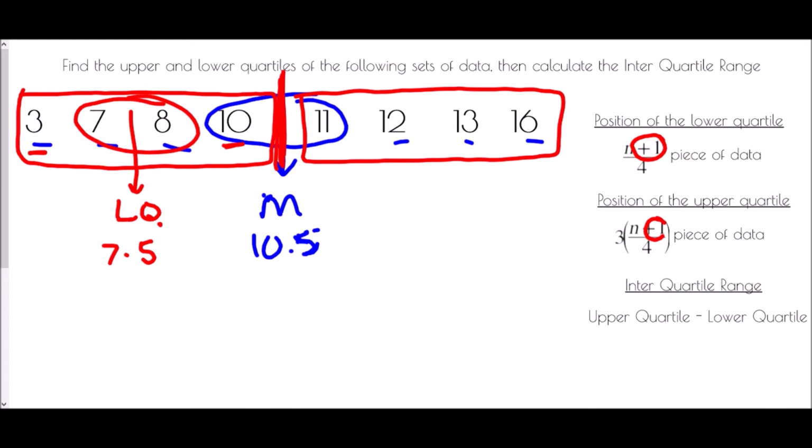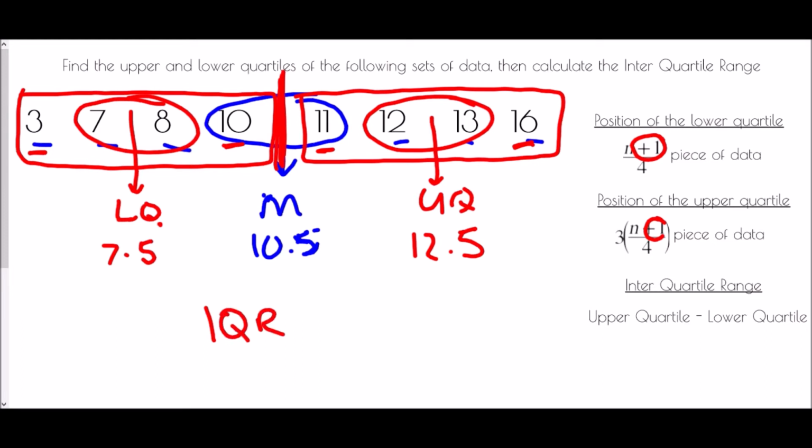And my upper quartile is going to come out in between 12 and 13. So that would be 12.5. And so in this question we have an interquartile range of 12.5 take away 7.5 equals 5.